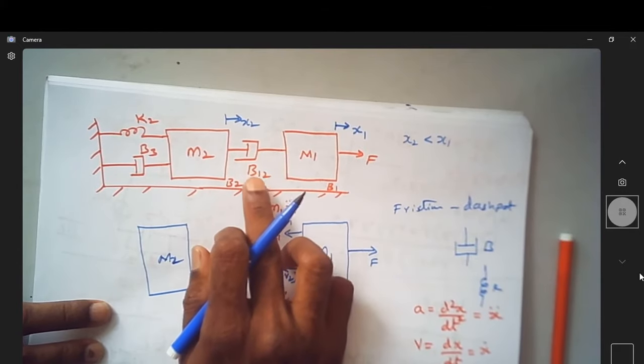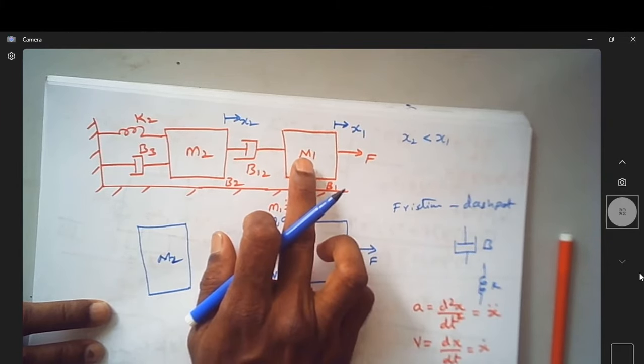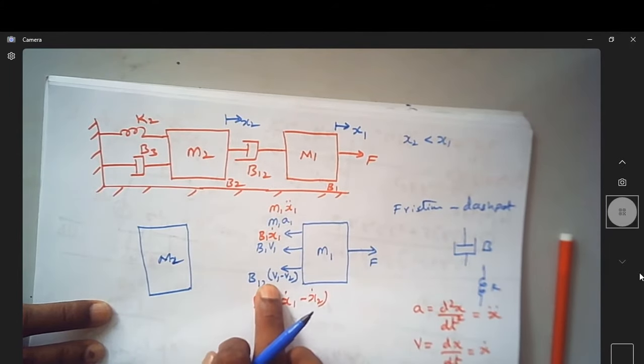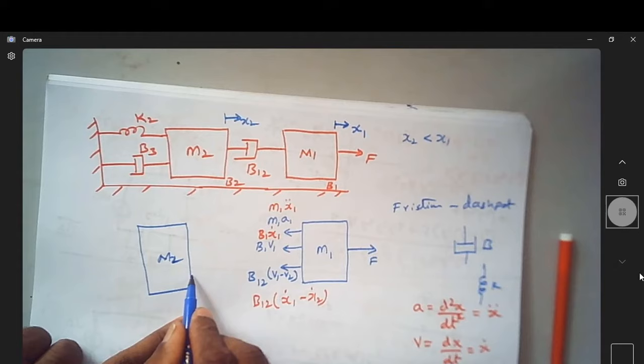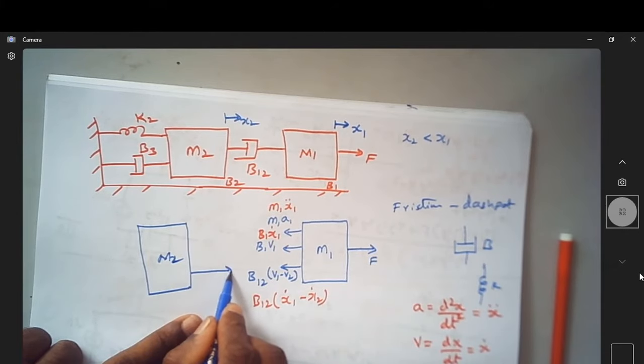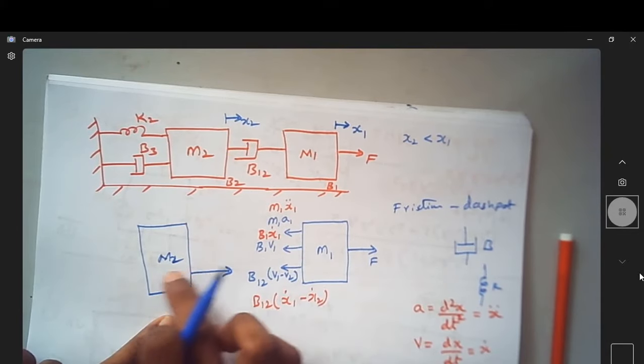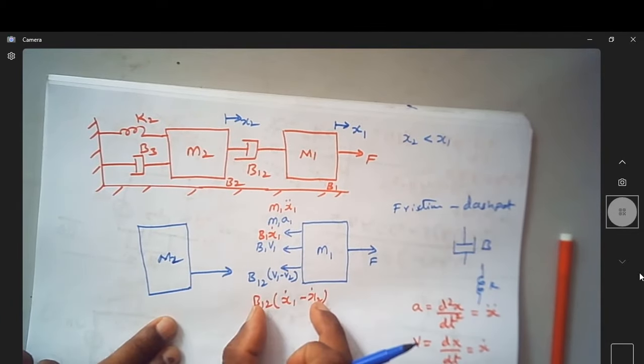The b12 was opposing the movement of m1, so this opposing force will be the acting force for m2. So the magnitude of the acting force on m2 is this one.